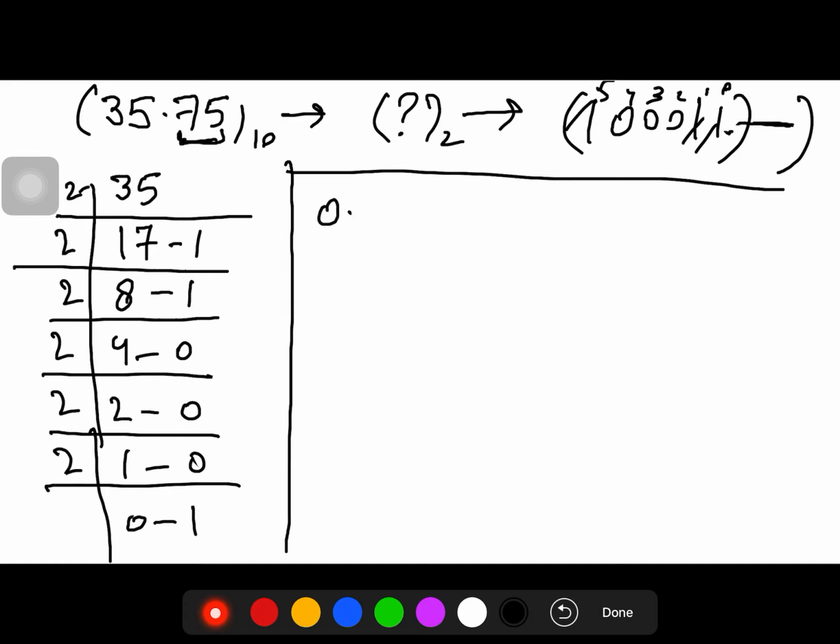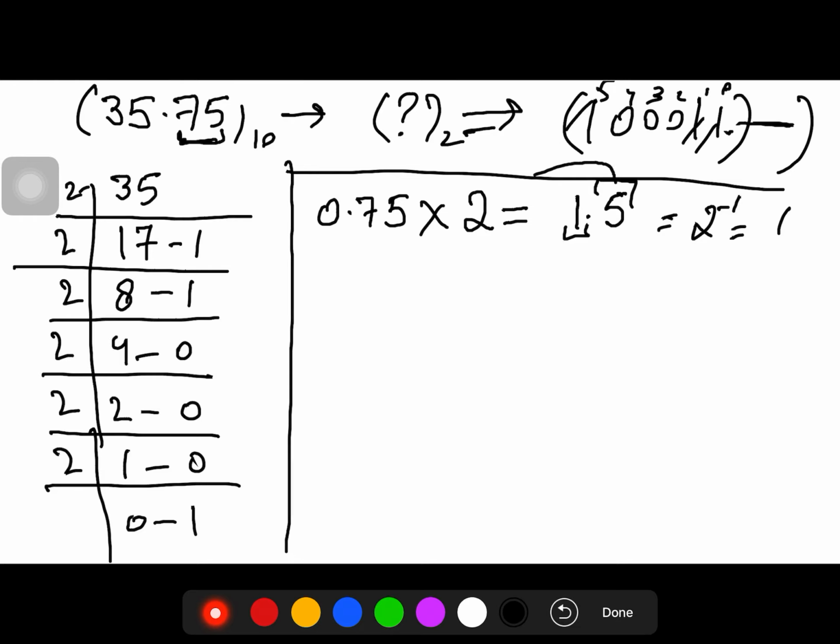How to compute the fractional part in binary? Take the fractional part, which is 0.75, multiplied by the base, which is 2. When 0.75 is multiplied by 2, what do we get? 1.5. Now the integral part becomes a of minus 1, 2 raised to the power minus 1, which would be 1.